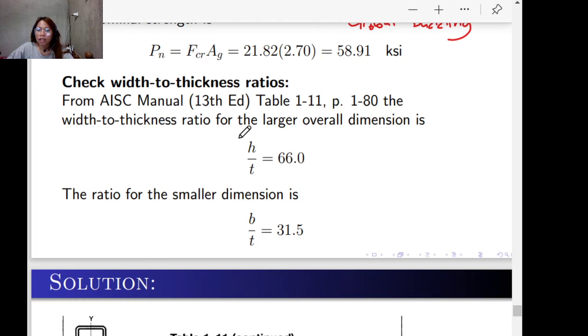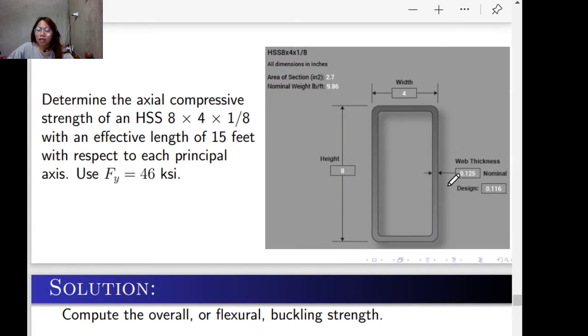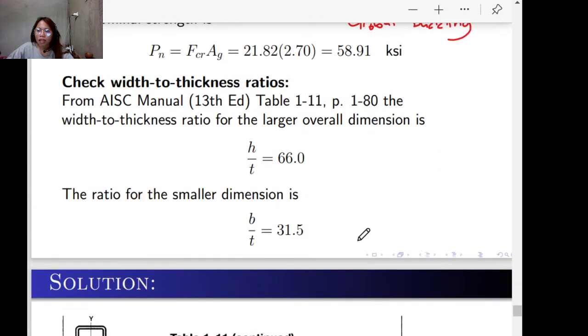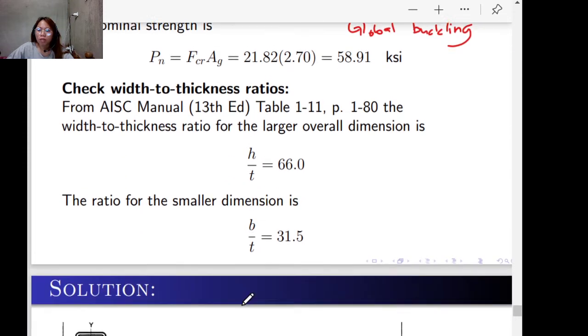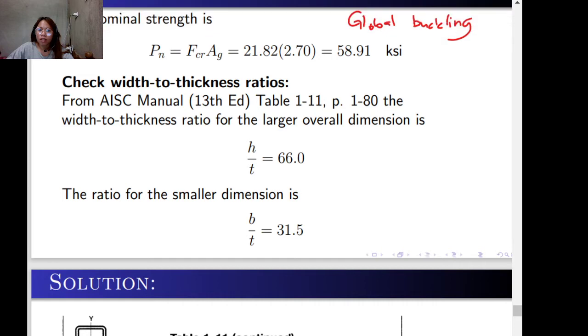The width to thickness ratio for the larger overall dimension, we'll try to see this shape in the AISC manual to see the value for H over T and for the smaller dimension B over T. Of course, this H over T will govern, since this is the more critical for local buckling. So let us look at the AISC manual.